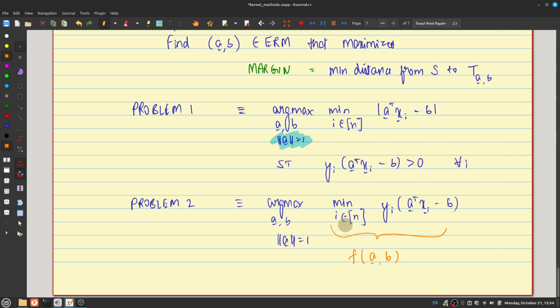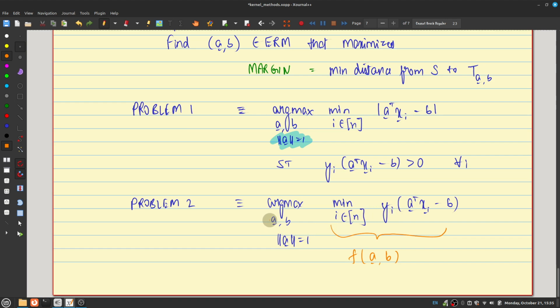Mod of a transpose xi minus b is the distance. Exactly. So for a given a comma b, this quantity need not be the minimum distance to the hyperplane. You're perfectly right.